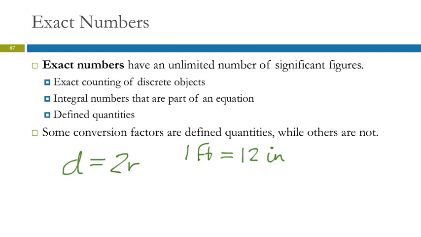So if you're using that conversion factor, those numbers have an infinite, unlimited number of significant figures. What if we say 1 kilogram equals 2.2 pounds?